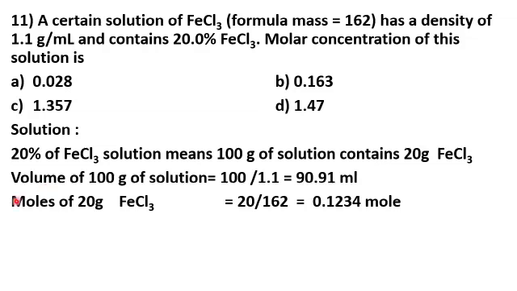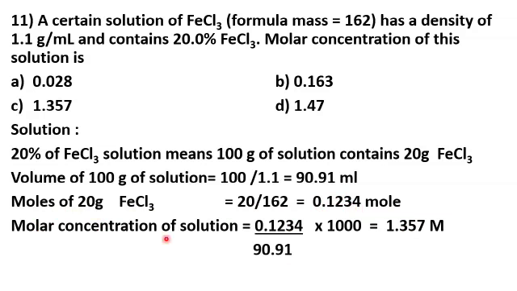Then you have to calculate the moles of solute, that is moles of 20 gram of FeCl3, which can be calculated by mass by molar mass. So the mass of solute is 20 gram, and the molar mass of FeCl3 is 162. So you will get the number of moles of the solute, that is 0.1234.